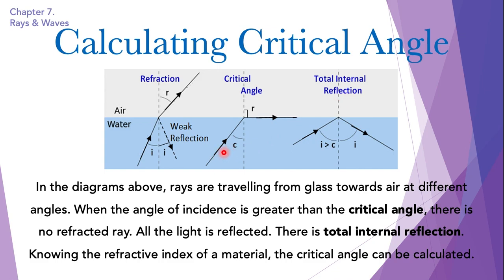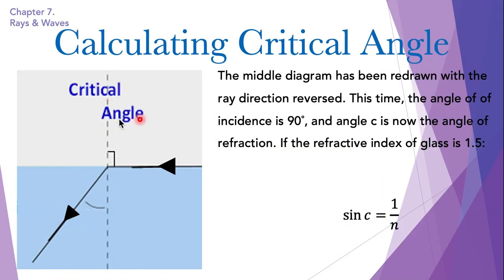But when the angle of incidence is greater than the critical angle, then there is no refracted ray. All the light is reflected. This is total internal reflection. So knowing the refractive index of a material, the critical angle can be calculated.